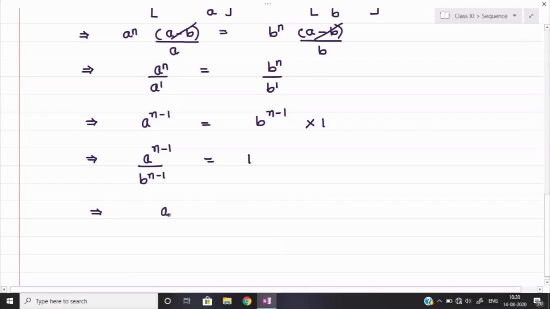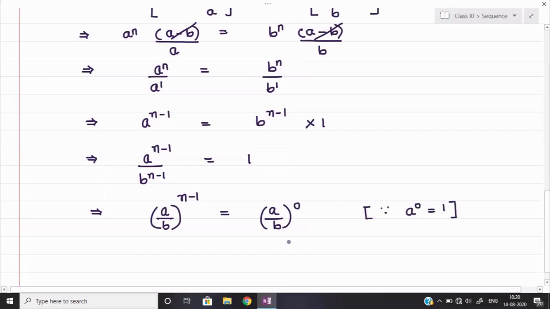I can write a upon b whole power n minus 1, and 1 I can write as a upon b whole power 0, since I know that a to the power 0 is always equal to 1.